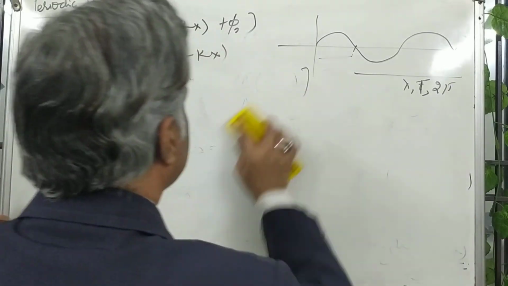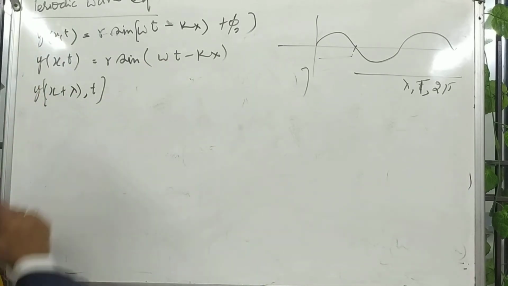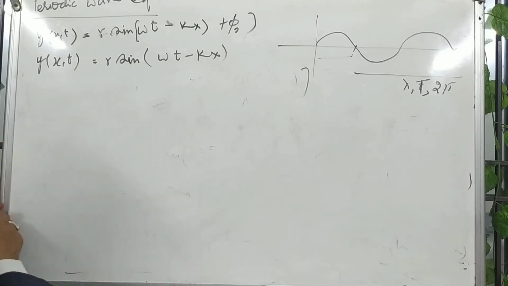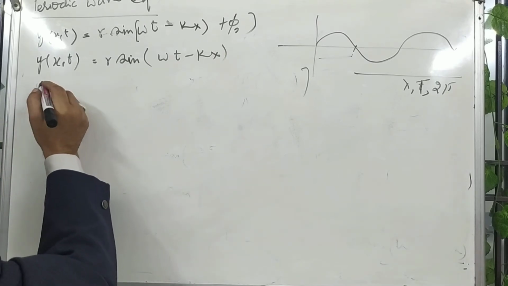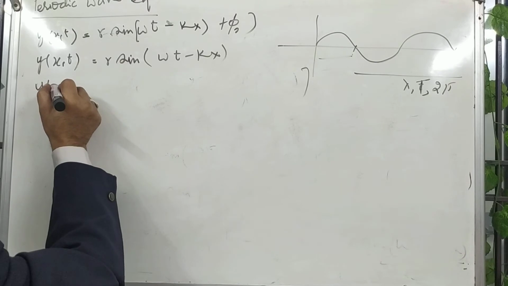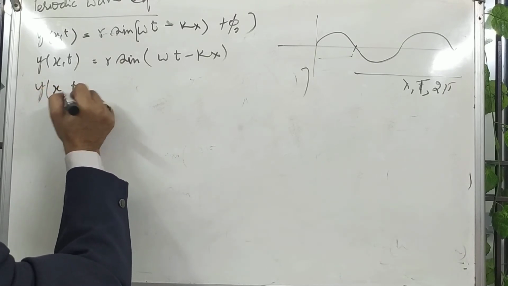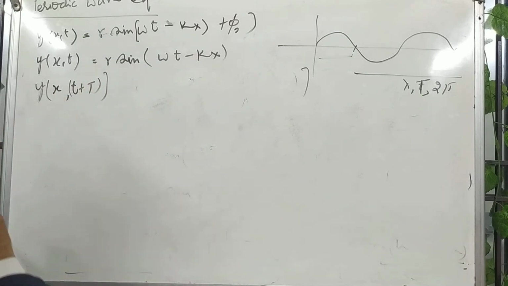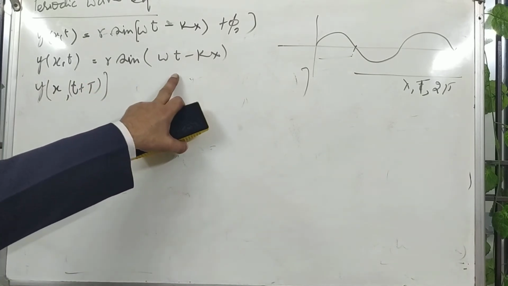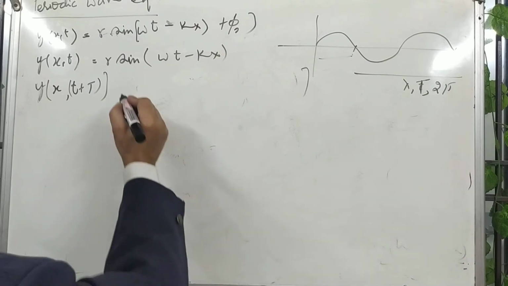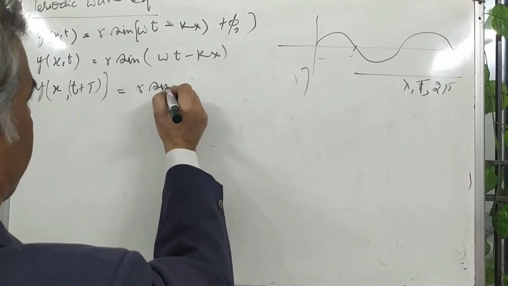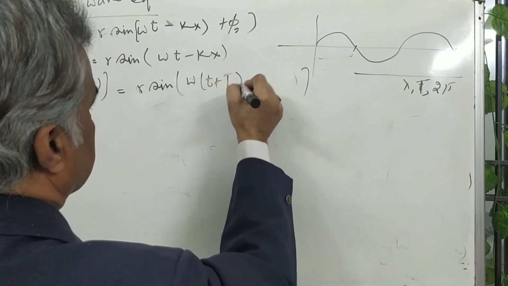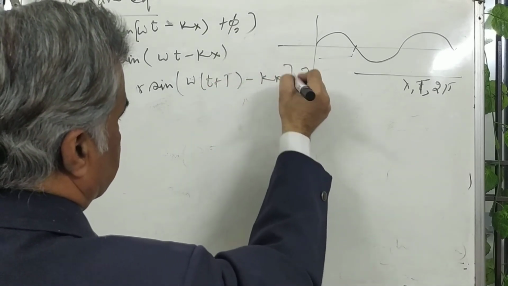I am showing this: y(x, t plus capital T). If you write t plus capital T in place of t, this is r sin omega (t plus capital T) minus kx.